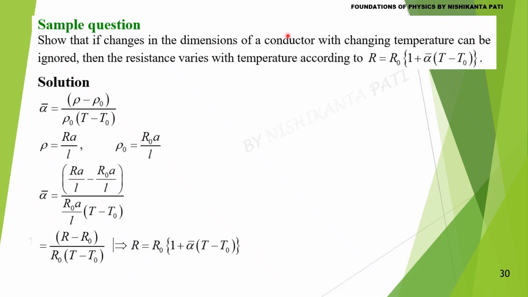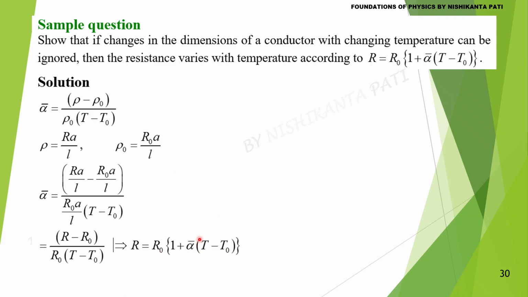Here the question says that by changing the temperature, the geometric dimension of the body doesn't change. So as a result, rho is equal to RA by L, rho 0 equal to R0 A by L. A and L are not changing, only R is changing. So putting rho and rho 0 in this equation, then rearranging, we get R is equal to R0 into 1 plus alpha bar into T minus T0.